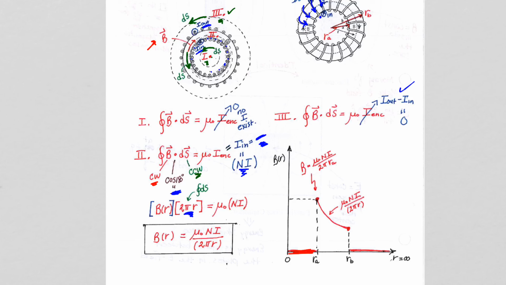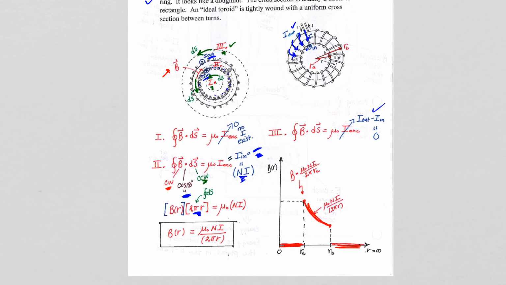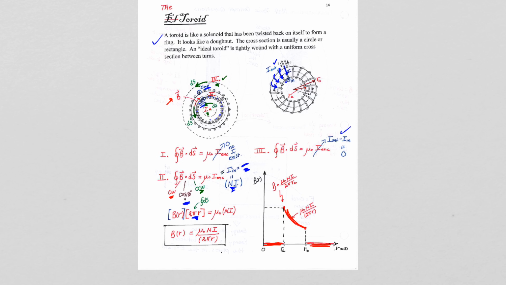Now notice the B field in the toroid is strongest near the inner region, and then it drops off according to 1 on R, and then is 0 again outside of the toroid. We can talk about what toroidal magnetic fields are used for in class, but at least you have the calculations in your notes and you understand the magnetic profile for the toroid.